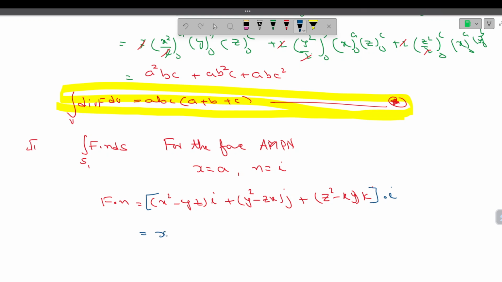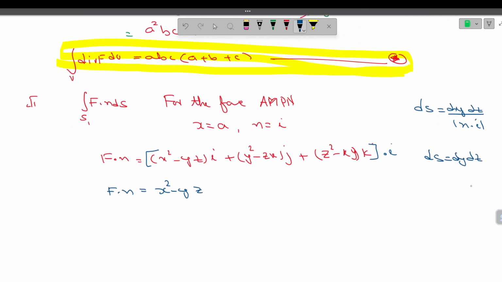So i dot i is 1, and we are left with x² − yz. This is F dot n. And dS is dy dz divided by n dot i, where i dot i is 1, so our dS will become dy dz for this problem. Now the surface integral taken over the surface S1 of F dot n dS equals the double integral of (a² − yz) dy dz.